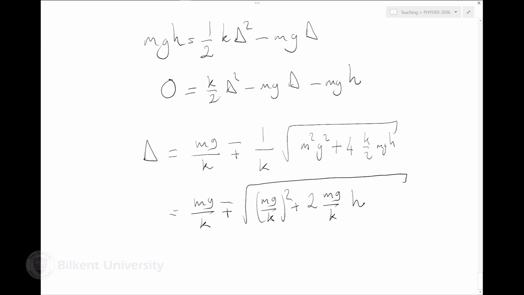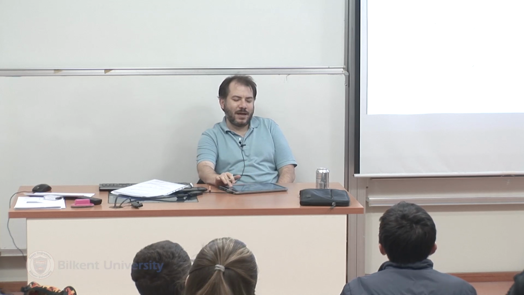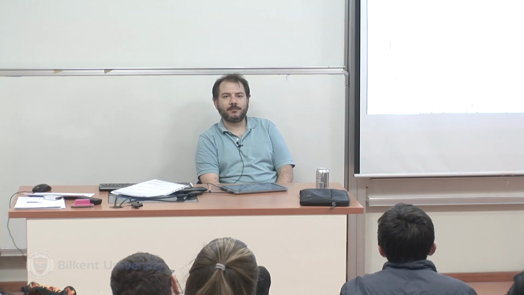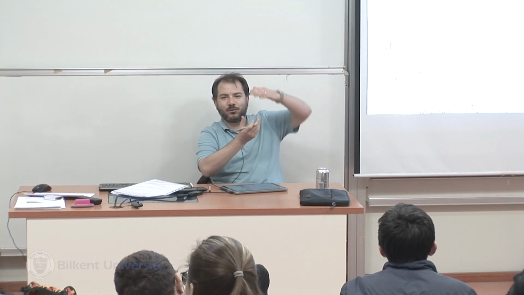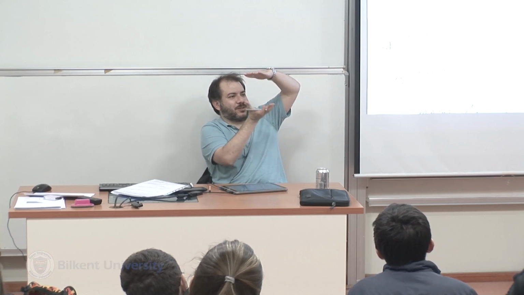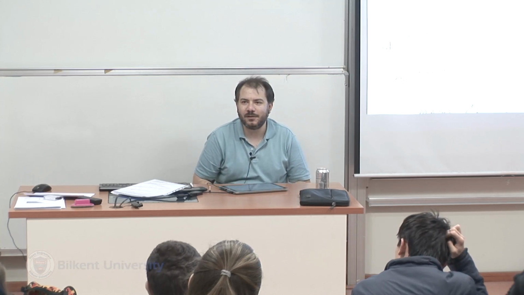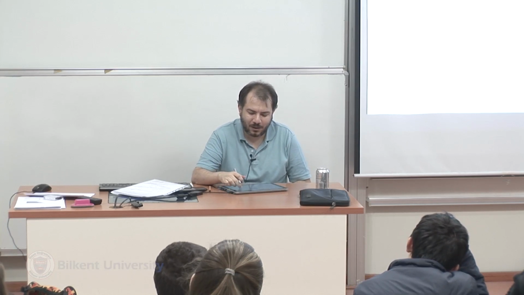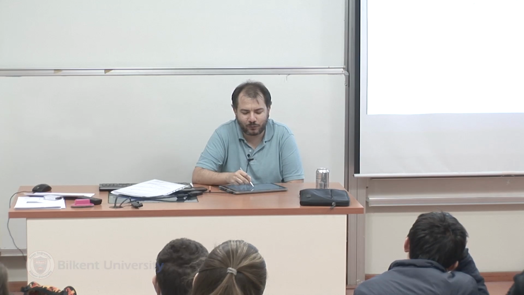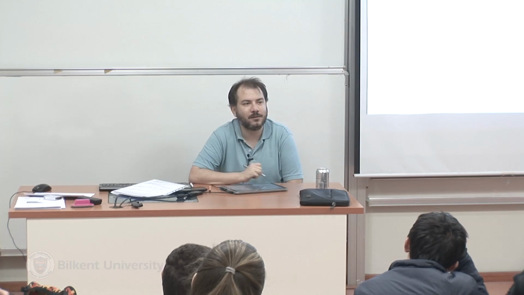Which root should I take? Plus root or minus root? The way I defined delta, do I expect it to be positive or negative? Positive, right? I actually expressed it as the compression, how much compression I had in the spring. So it should be a positive amount. Now, which is larger, mg over k or the square root term?